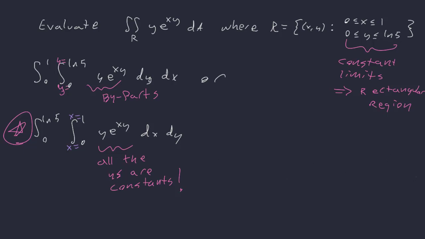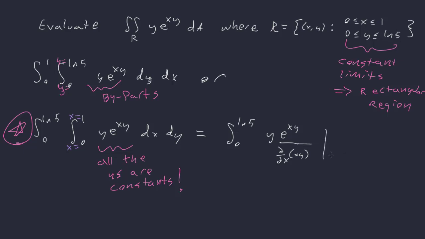So anyway, we'll start with this order, right? So if we integrate e to the stuff, okay, let me just write this. It will be itself, so I'm going to leave the y there, that's just a constant. It's e to the xy, we need to divide by the derivative of the stuff. So I'm actually going to write this like this. I want to divide by the partial derivative of xy.